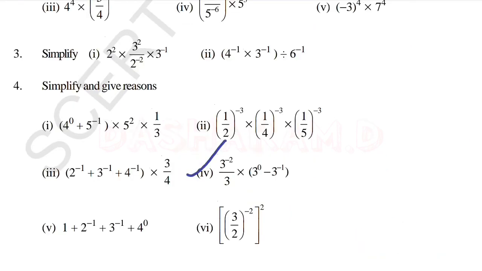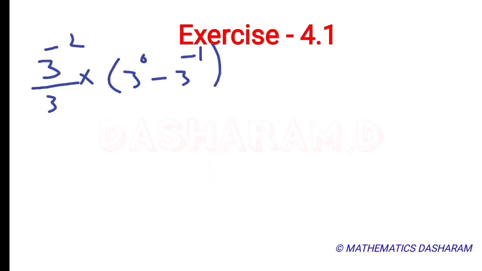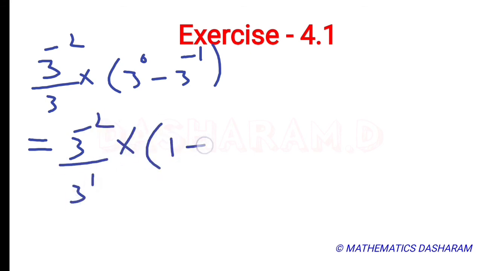Next, fourth question: 3 to the power of minus 2 by 3 into 3 power 0 minus 3 power minus 1. So 3 power minus 2 by 3 can be written as 3 power 1 into 3 power 0, answer 1, and 3 power minus 1 answer is 1 by 3.